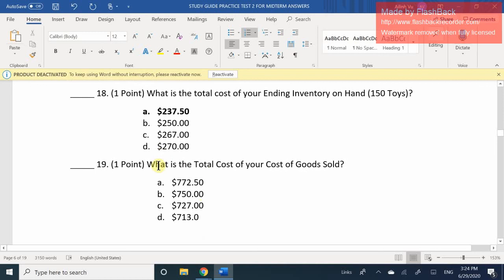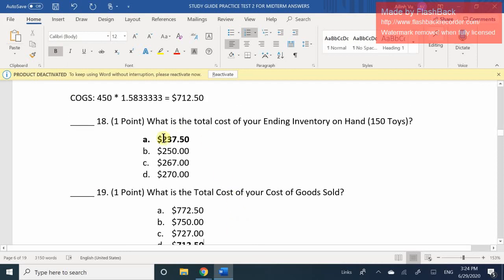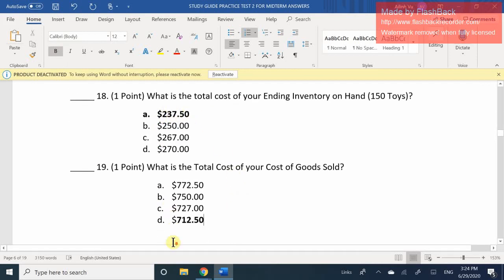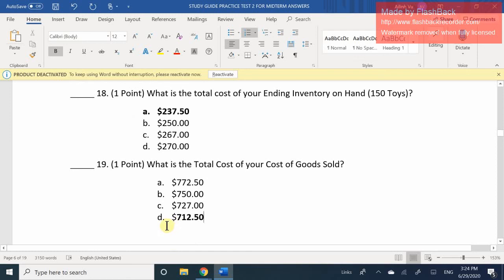And then, what was it? 712.50. Yeah, I put 713.50. I rounded my answers. If you round your answers, you would get 237.00 and 713 even.